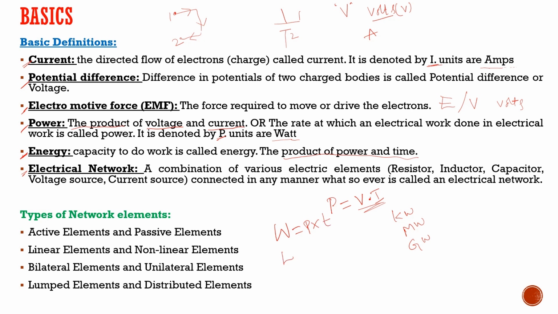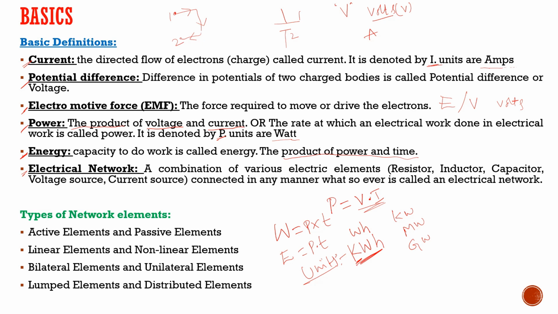Few people prefer to represent the energy with capital E. So you can also write E is P into T, where P is power and T is time. Coming to its units, the energy units are basically kilowatt hours, simply watt hours.